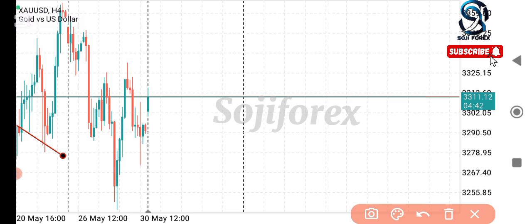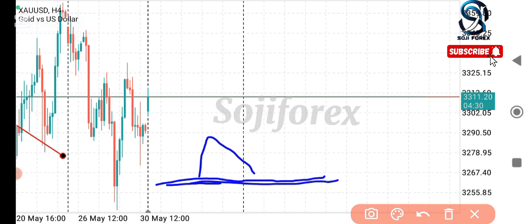And another thing we must know is, for instance, if price moves this way, when price left this zone, we mark this zone as our support zone. And then when price reaches this point and begins to return, we mark this zone as our resistance zone.